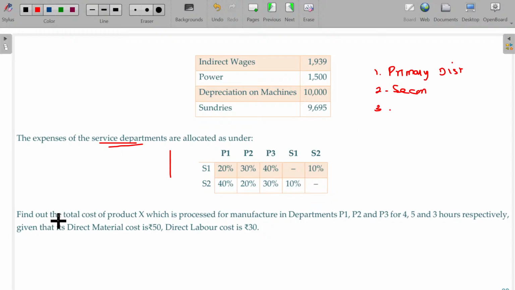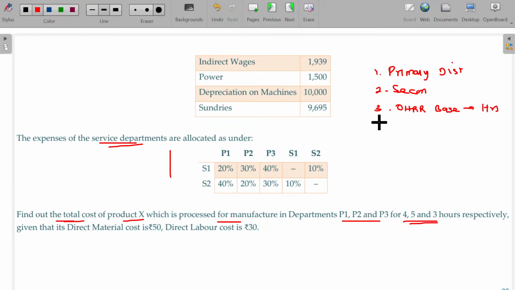Third one being, find out the total cost of the product X which is processed for manufacture in departments P1, P2, P3 for 4, 5, 3 hours respectively. So, the hours given from this, it is very clear. Overhead recovery rate base being hours.